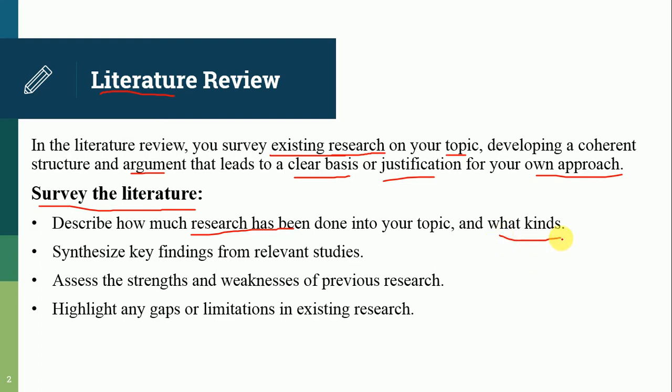In simple words, describe the research which has been done on this topic and what kind of research has been done. We should explain these two points in the literature review as well.